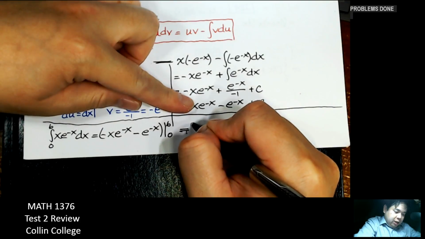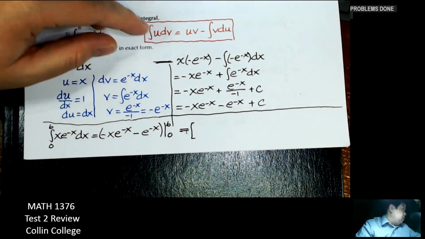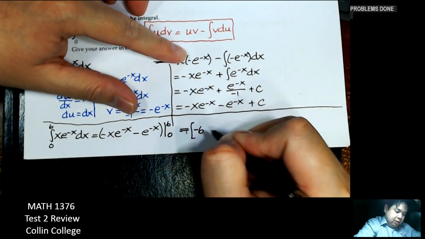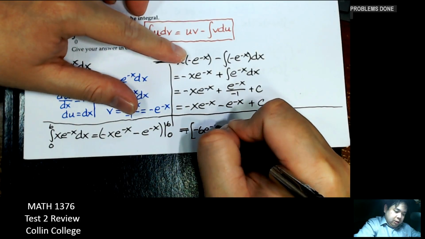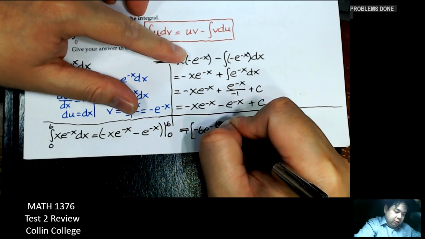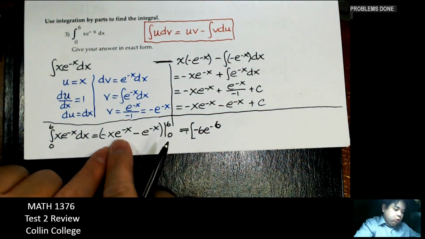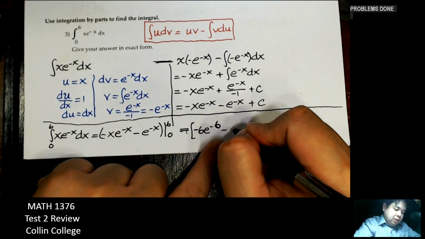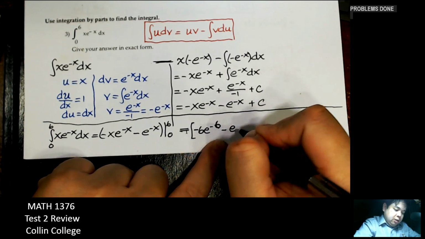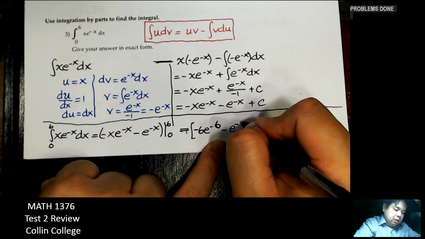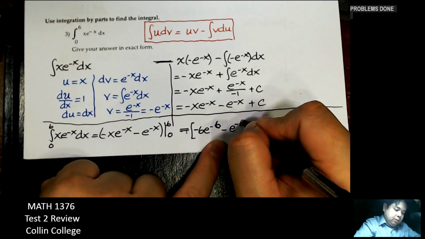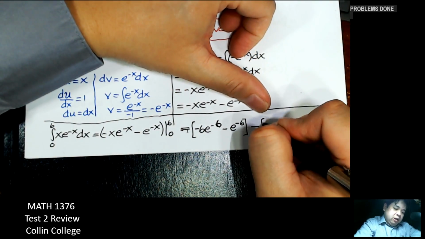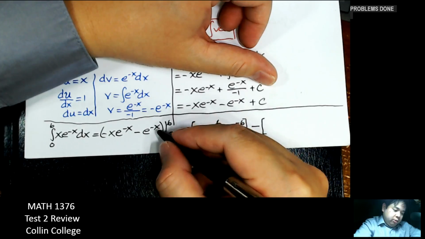So we're just going to put 6 into it. Put 6 in for x and have that. And then minus, where we put 0 into x.